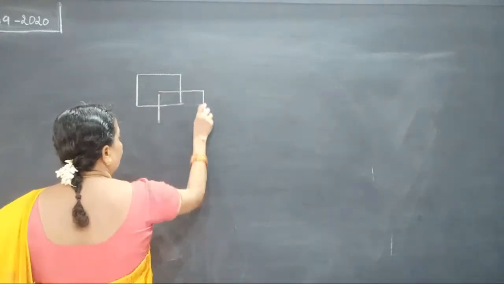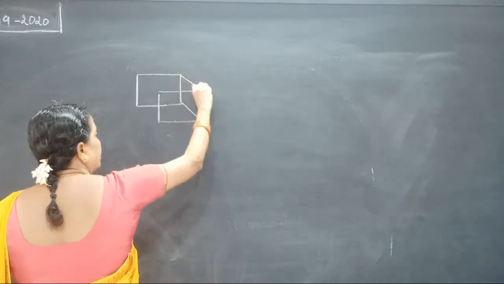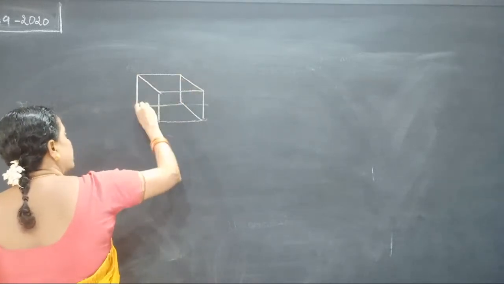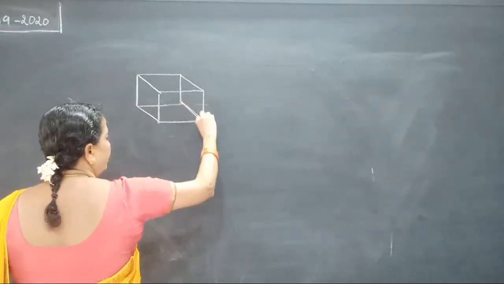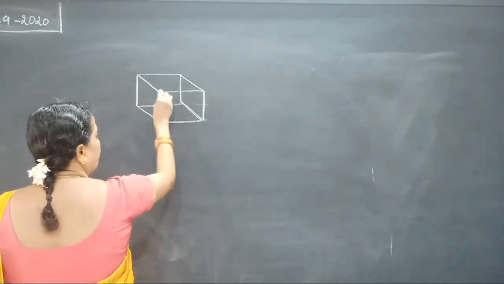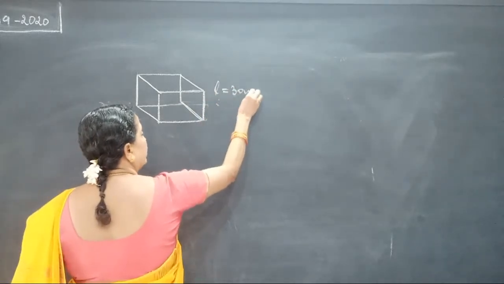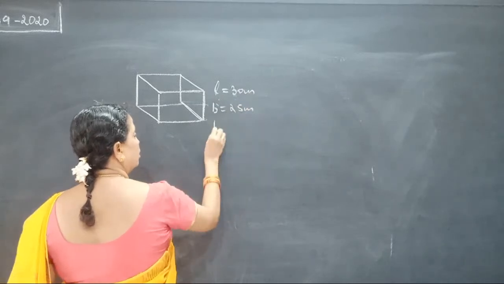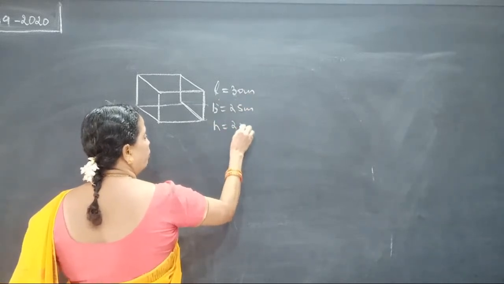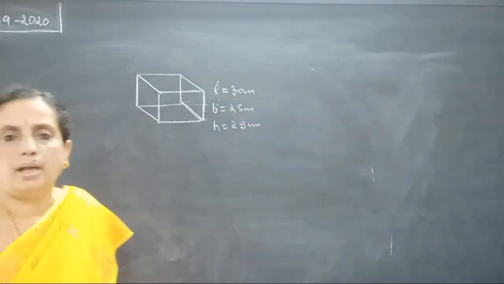If you get the total, that will be the length of the tape required to bind these edges. These are the edges of the cuboidal herbarium, where L is 30 centimeter, breadth is 25 centimeter and height is 25 centimeter.